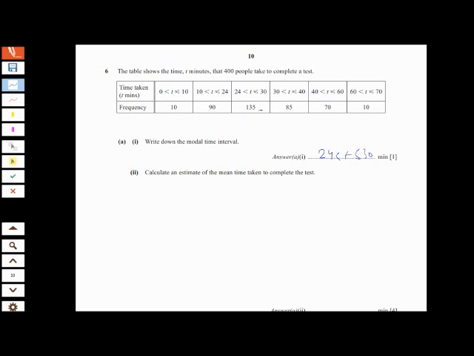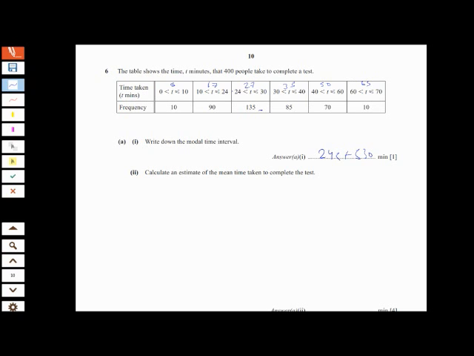So 0 plus 10 divided by 2 is 5. 10 plus 24 divided by 2 is 17. 24 plus 30 divided by 2 is 27. 30 plus 40 divided by 2 is 35. 40 plus 60 divided by 2 is 50. 60 plus 70 divided by 2 is 65. Now we know the average times.